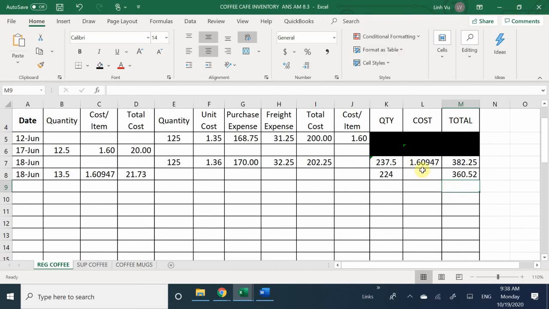So therefore, I need to recalculate my average cost per item. And what do I get? 1.60194642. So the same exact number. Nothing has changed. Yeah, 46. Okay. So it's slightly changed. So I'm going to go ahead and clear and leave that there. Right?